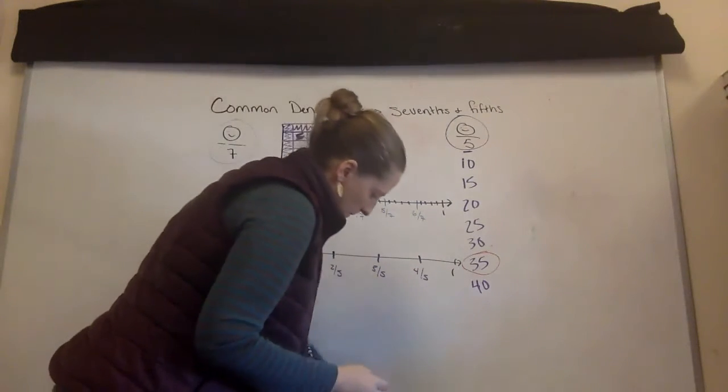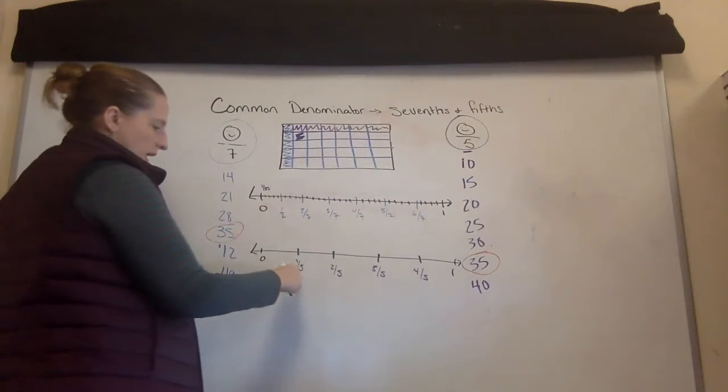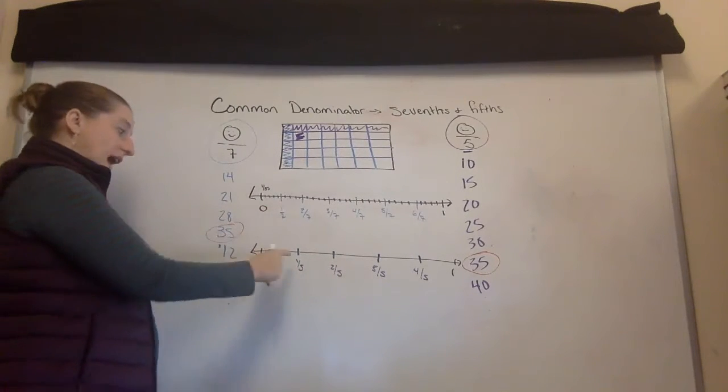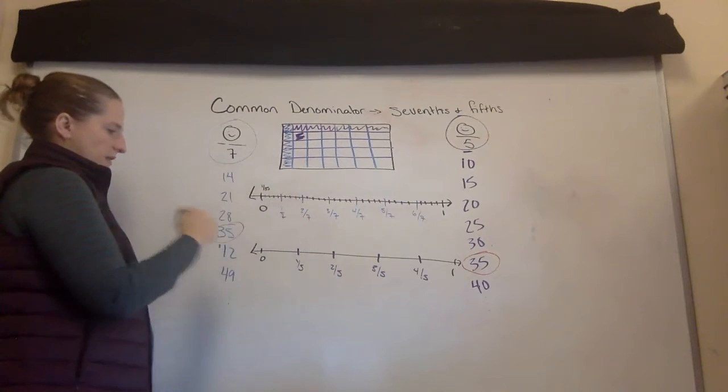And then just like we did before, I'm going to take each of these 5ths and divide it into 7ths. Before I took my 7ths and divided them into 5ths.